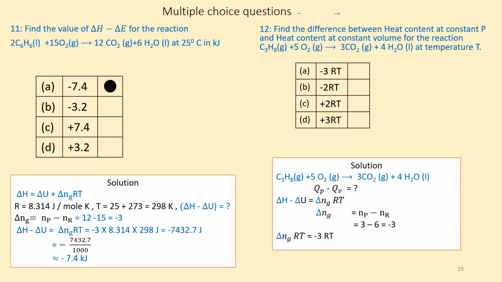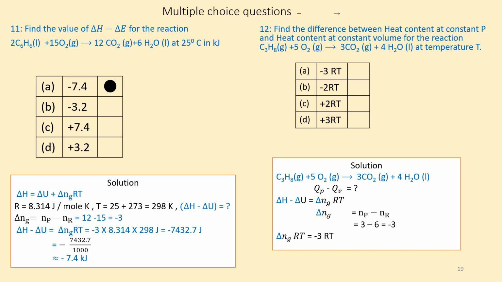Let us go with the solution. The equation is written, and we have to find QP minus QV. The difference between heat content at constant pressure and heat content at constant volume is delta H minus delta U, that is equal to delta Ng RT.